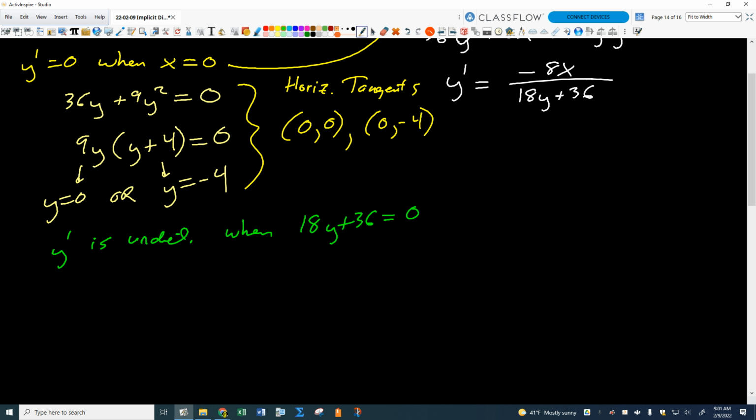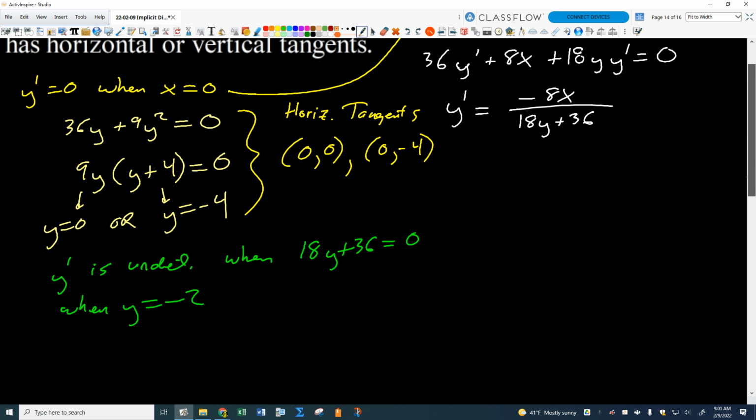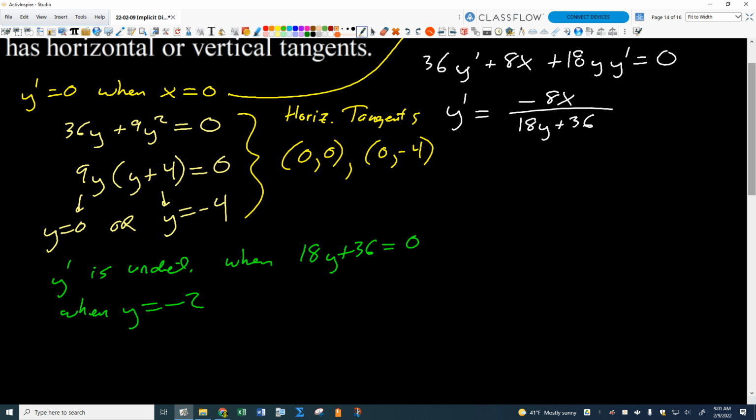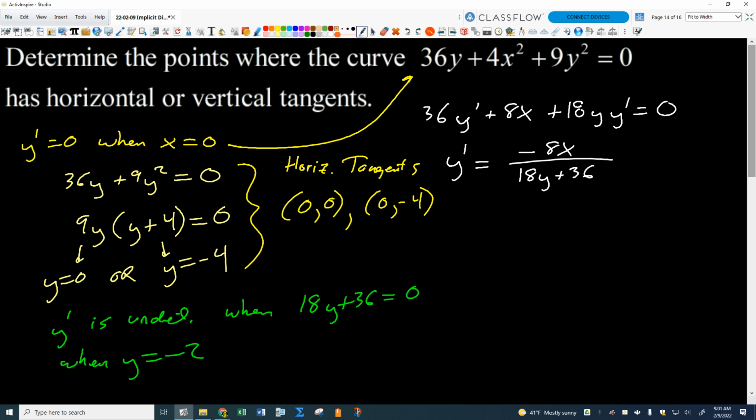So what value of y is that? Negative 2. And I could do the same thing, right? If I plug negative 2 back into our original equation for y, I end up getting what?